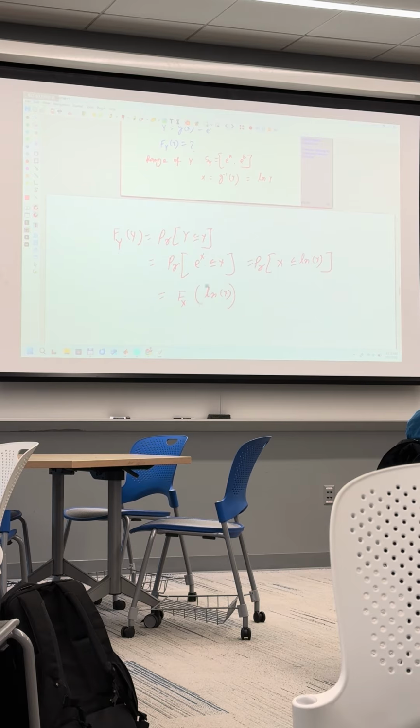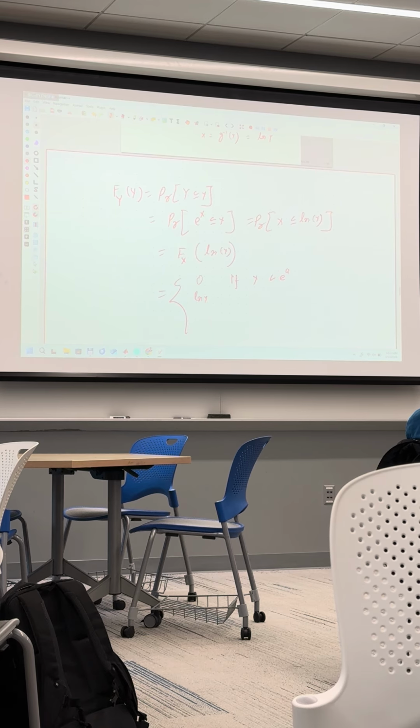So it is 0 if y is less than e to the a, it is the natural logarithm of y minus a, over b minus a, if e to the a is less than or equals y less than e to the b, and it is 1 if y is greater than or equals e to the b.